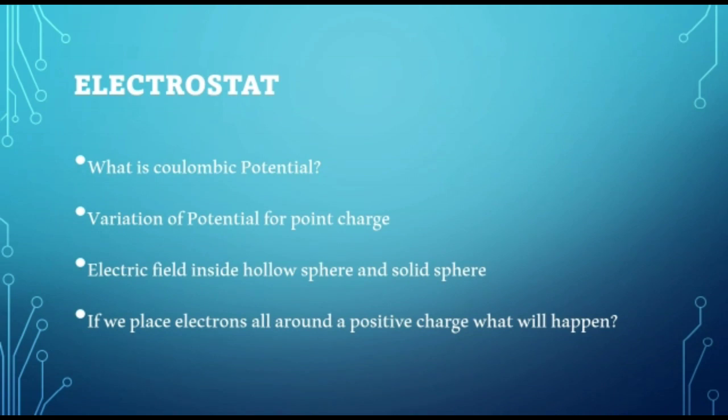As we know, for a positive charge the electric field is radially outwards. So as we have placed negatively charged electrons around a positive charge, they will experience a force towards the positive charge, that is, in the direction opposite to that of the electric field.